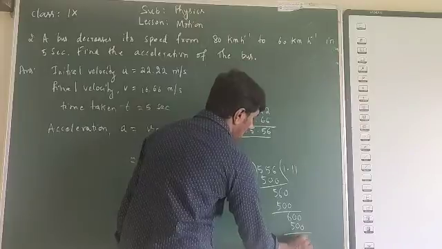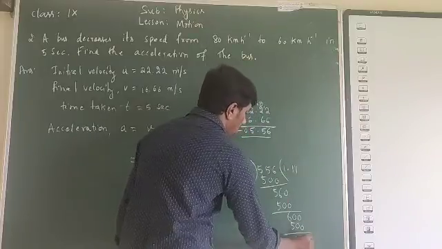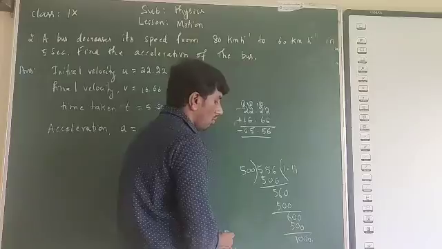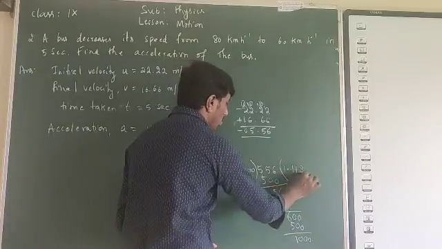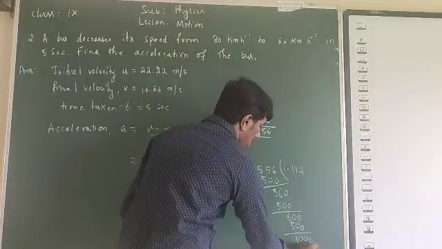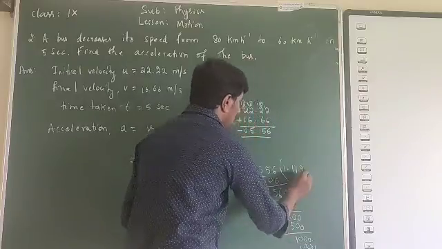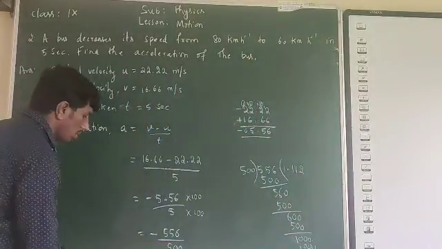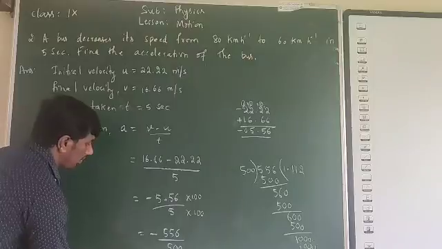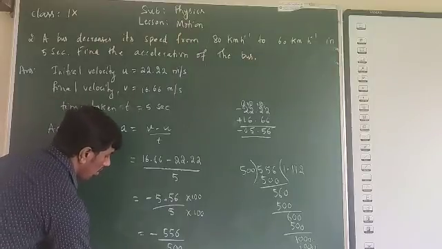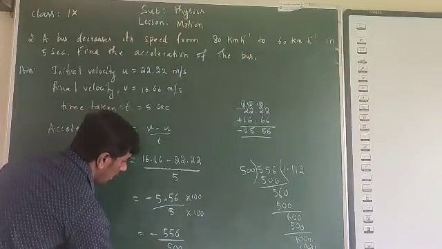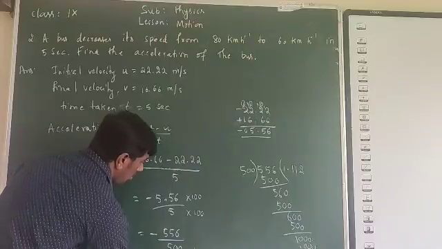The remainder is 100. We already put the 0, so I will give one more 0. So 500 twos are 1000. Now it is 1 point, minus 1.112 meter per second square.